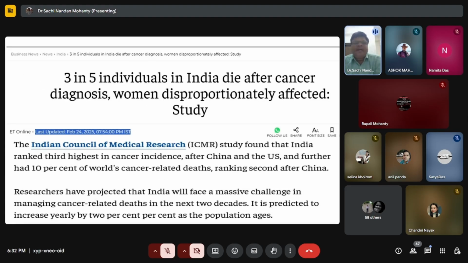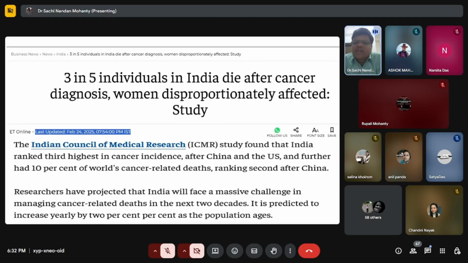This is the data collected by the Indian Council of Medical Research, ICMR, one of the predominant bodies in India. The survey report says that 3 in 5 individuals in India die after a cancer diagnosis, and women are disappointingly affected.